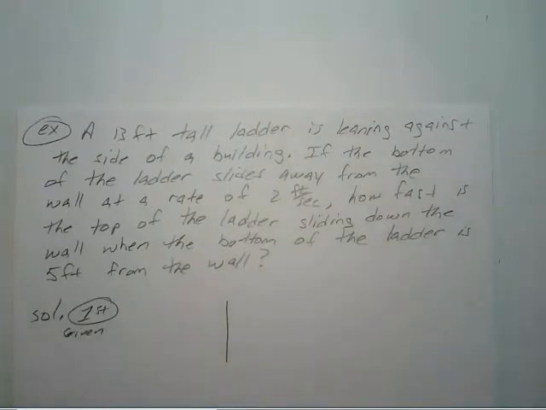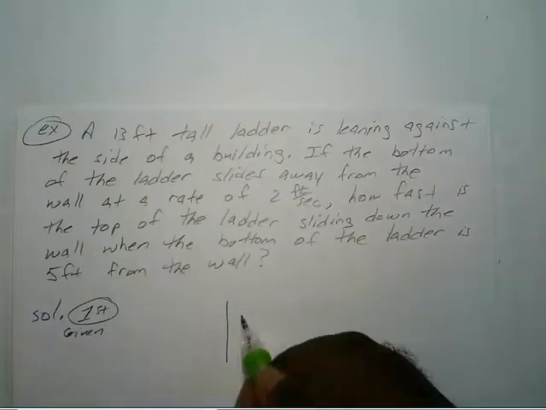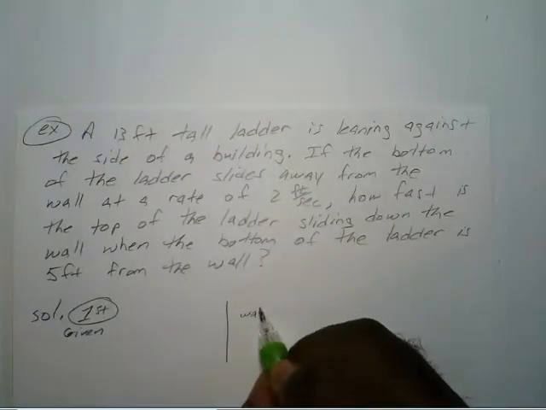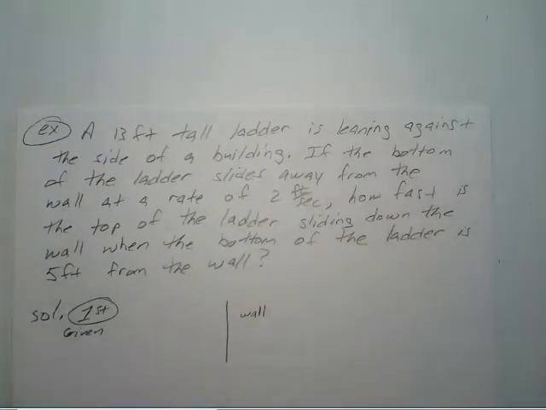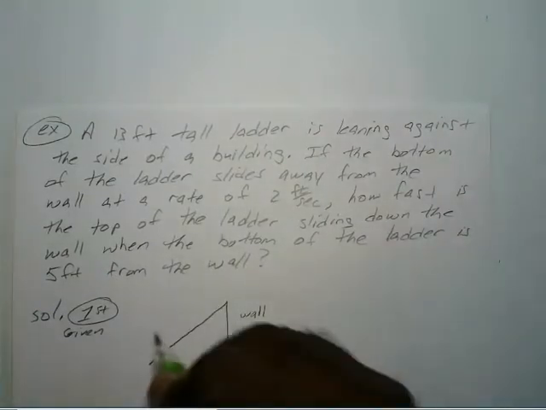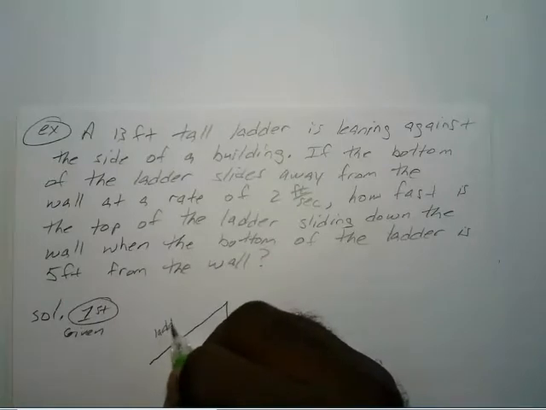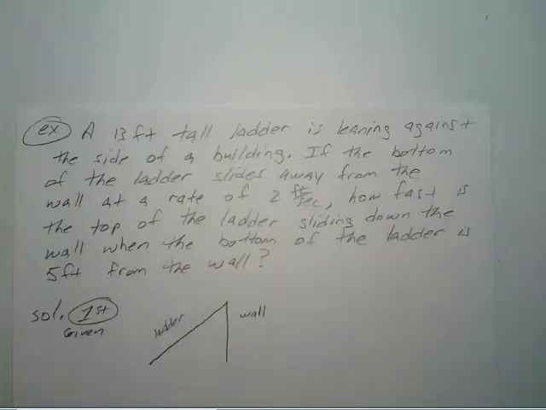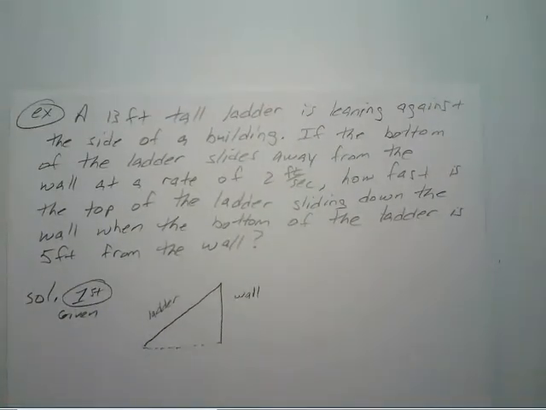I'm not going to draw the whole building, just this one wall. And you have a ladder right here, and the distance from the bottom of that ladder to that wall.